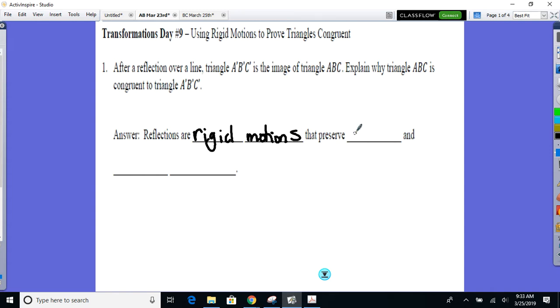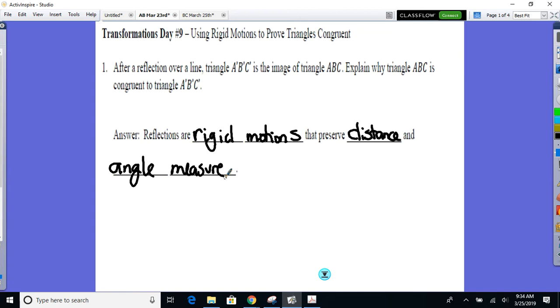That preserve, ready? Distance, which is your side length. So that doesn't change. Or what else doesn't change? The sides and the angle measure. That preserve distance and angle measure. That, in a nutshell, is what I'm looking for in these proofs. You tell me what you did, reflection. Tell me the rigid motions that preserve distance and angle measure.